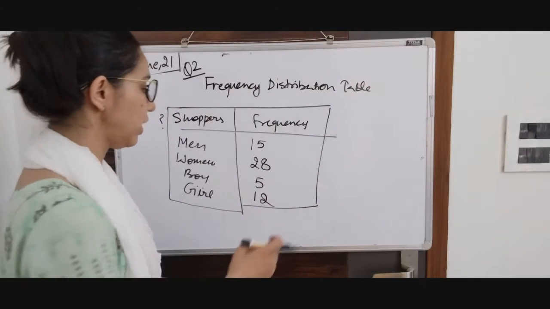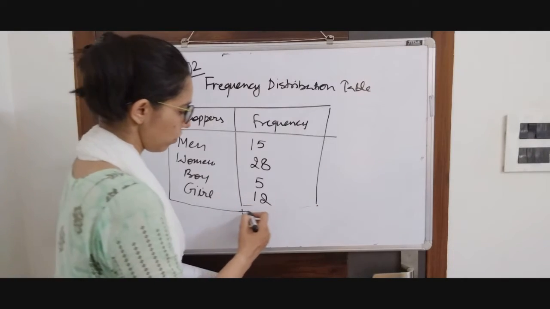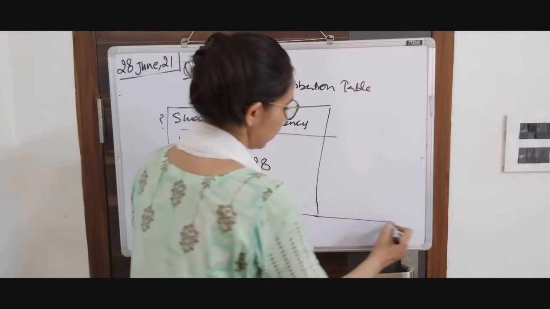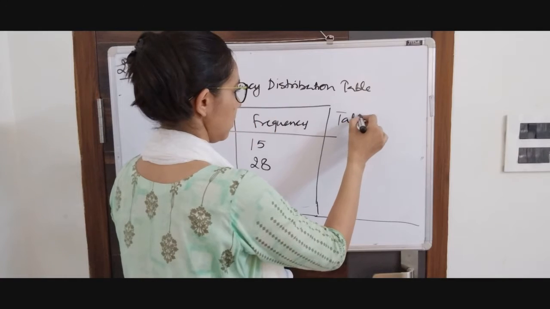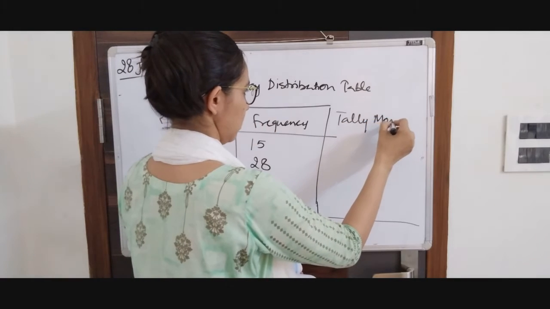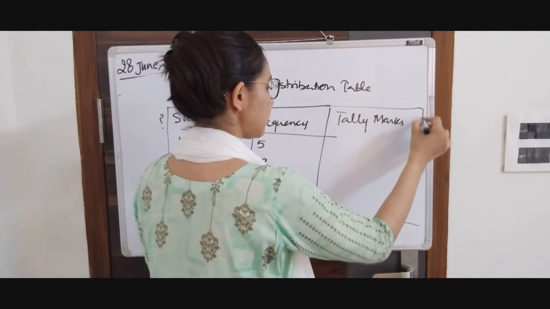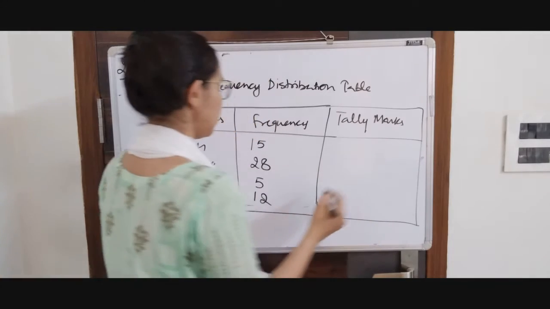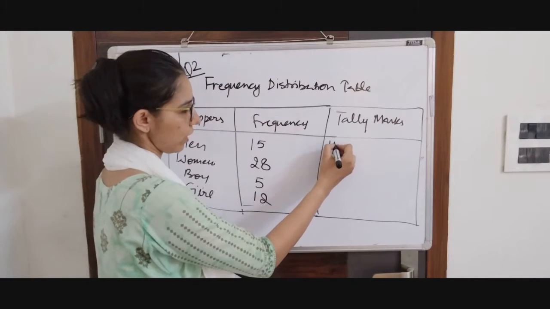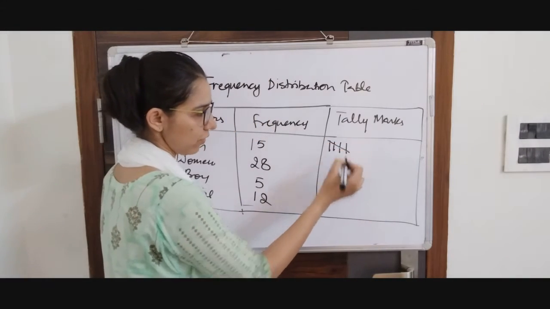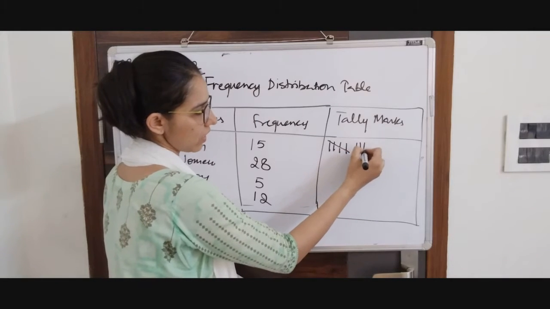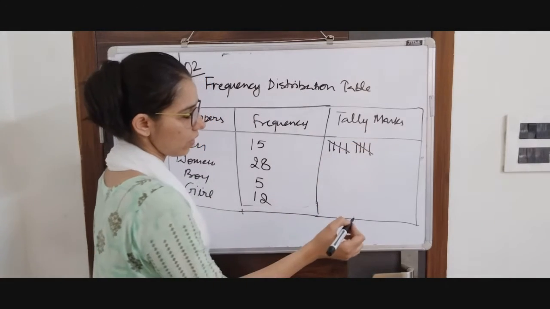You have to use tally marks also. So you have to make a column for tally marks. Tally marks, as we learned in our previous class, we make a group of 5. 1, 2, 3, 4, then 5 is a cross. 6, 7, 8, 9, then it is a cross, 10.